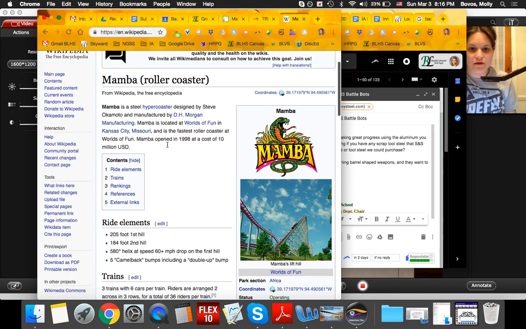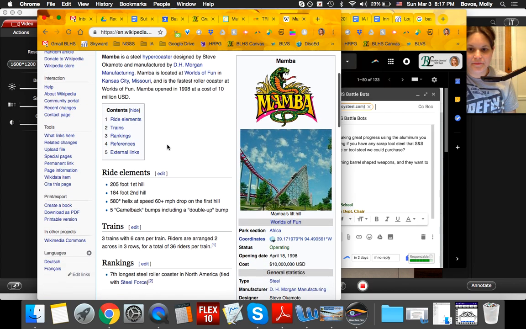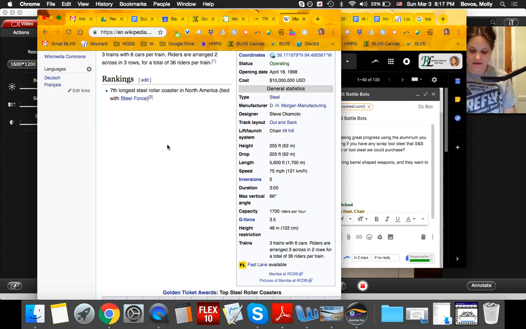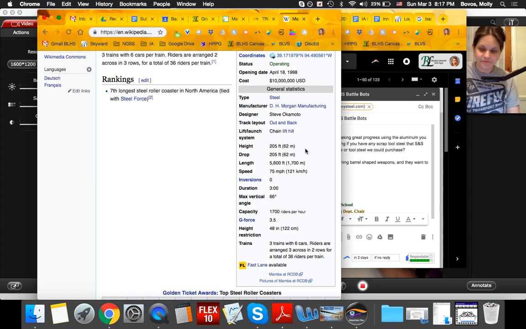And so we want to know for the Mamba, what is its tallest height and what is its fastest maximum speed. So its height, if you actually look up on Wikipedia, is 205 feet, which is equal to 62 meters.